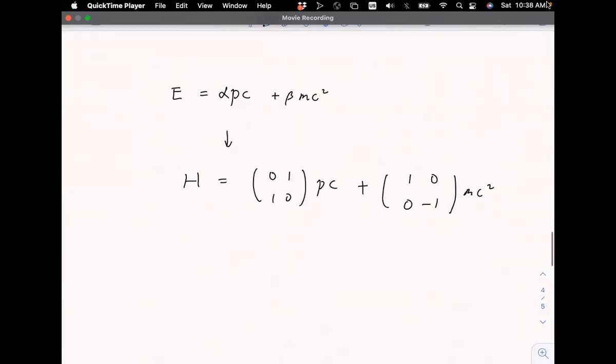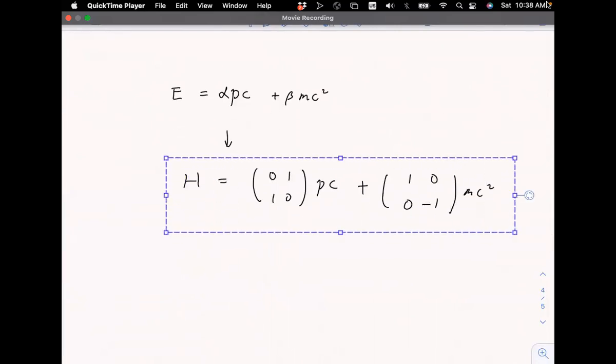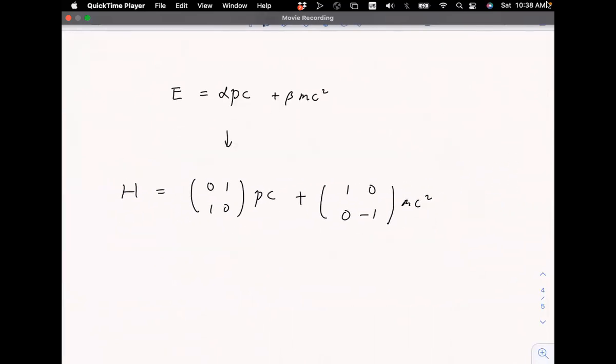So this is the Hamiltonian for a 1D electron.